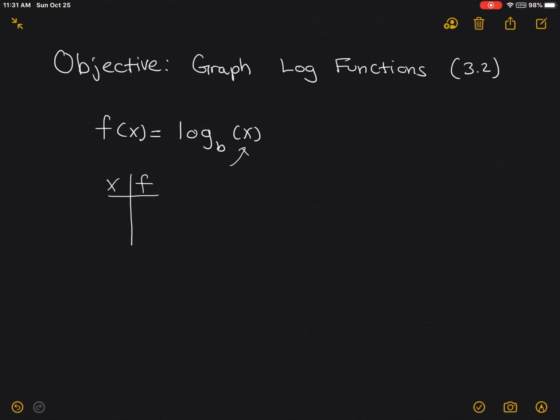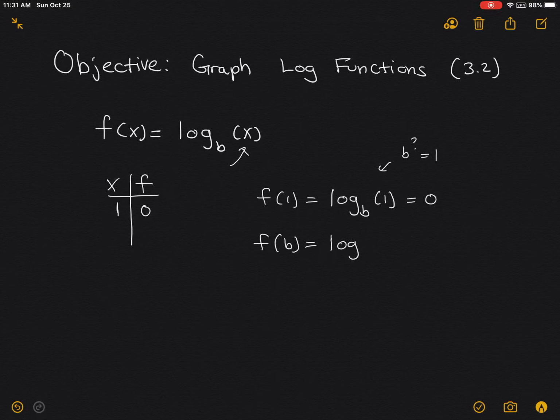If you remember some good log properties that we've learned, f of 1 would be a nice point to plug in because we can evaluate log base b of 1. Log base b of 1 is saying b raised to what power gives you 1? Clearly the answer is 0. So over here, you're going to get 0.